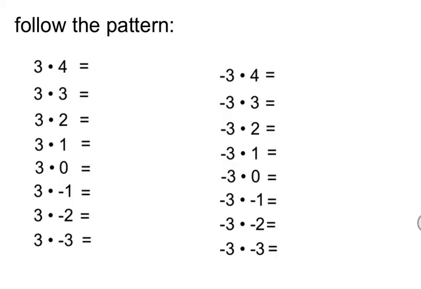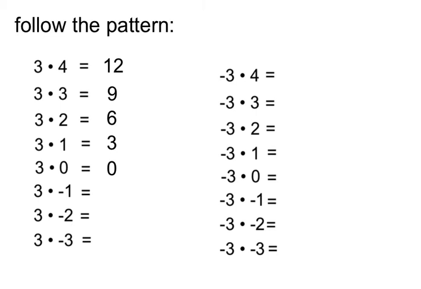Okay, let's look at the pattern here. If we do 3 times 3, that is 9. 3 times 2 is 6, and 3 times 1 is 3. 3 times 0 is 0. The pattern here appears that as I'm moving down this list, I am subtracting 3 each time. That's great.